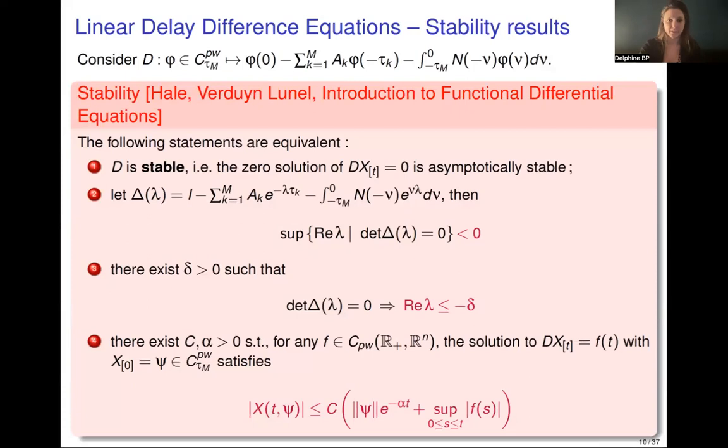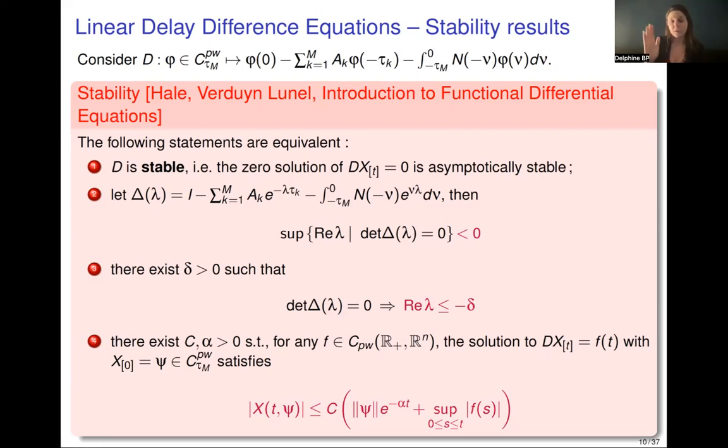This is a bit misleading, but this is the vocabulary that you use, so I'm going to stick to it. So it is stable if and only if, when you look at the spectral operator delta given here, which is nothing more than the Laplace transform of the operator, the supremum of the real part of the spectrum is strictly negative.